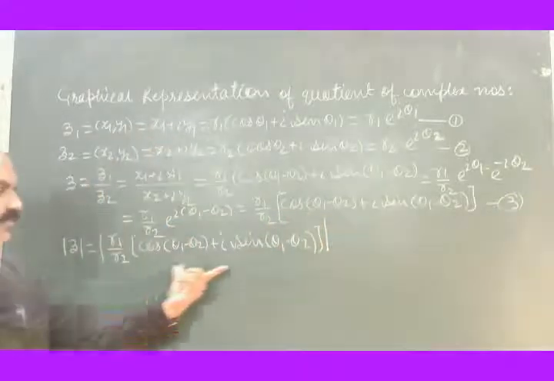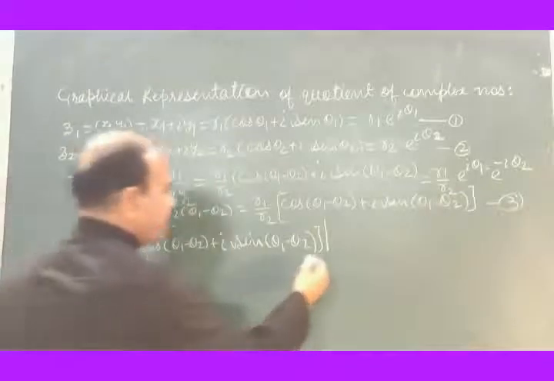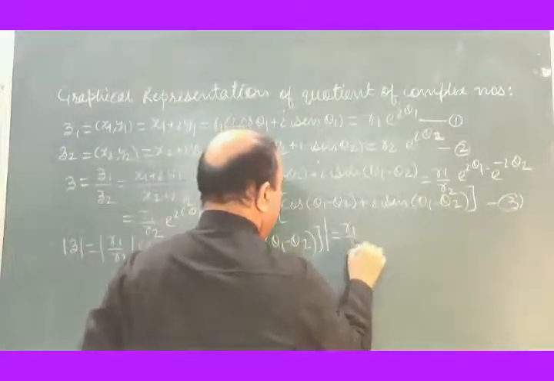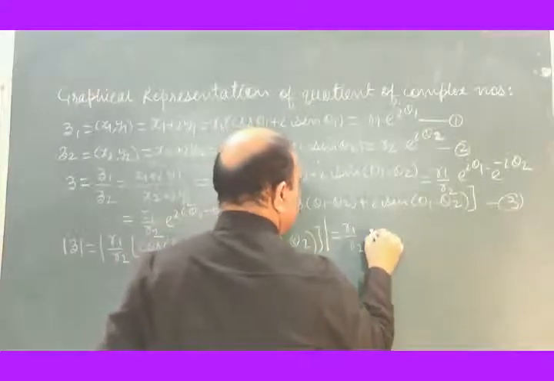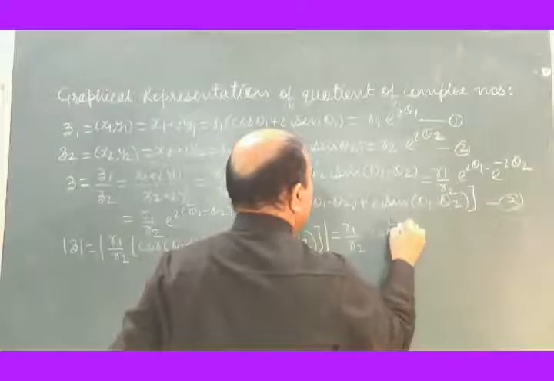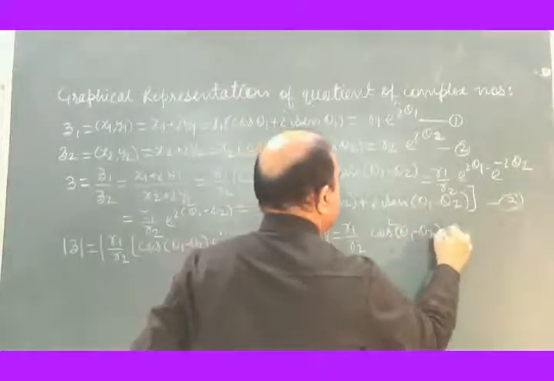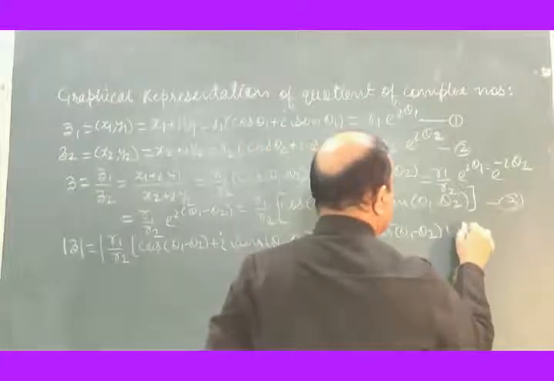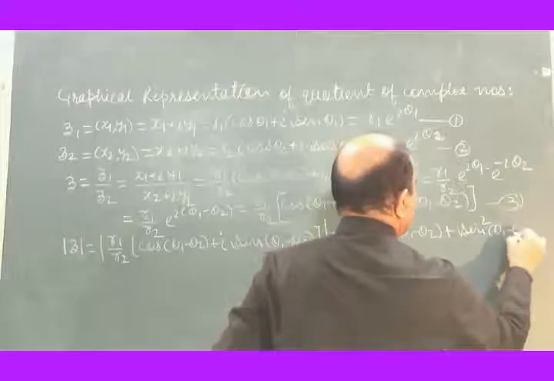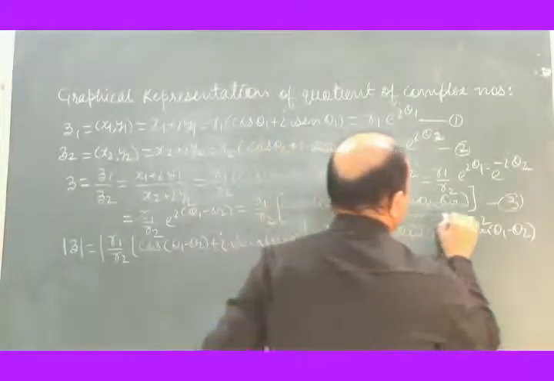Modulus of Z is equal to modulus of this. This is further R1 by R2 square root of cos square (theta 1 minus theta 2) plus sin square (theta 1 minus theta 2).